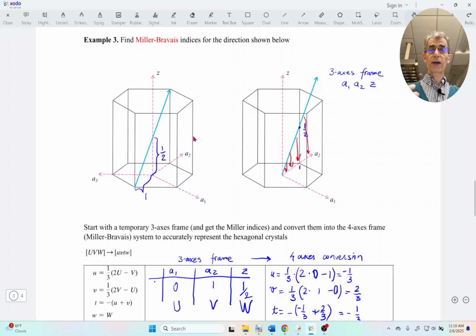So it just rises only half. If I run from the center all the way to this corner with an integer of 1, from that corner going upwards, I rise with only a fraction of a half. The tip of the vector is there.